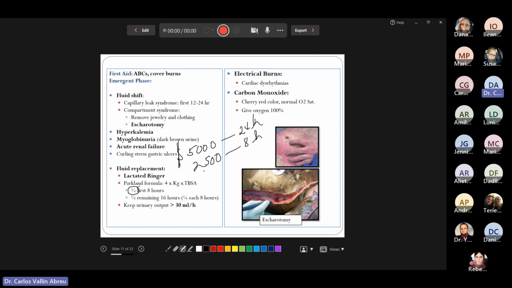The other 2,500 also belongs to the client, but is going to be passed in 16 hours. You can say 2,500 in the remaining 16 hours, or you can say half of this, 1,250 in 8 hours and 1,250 in the other 8 hours. So you can make any combination. So for example, let's see a question that I have here.